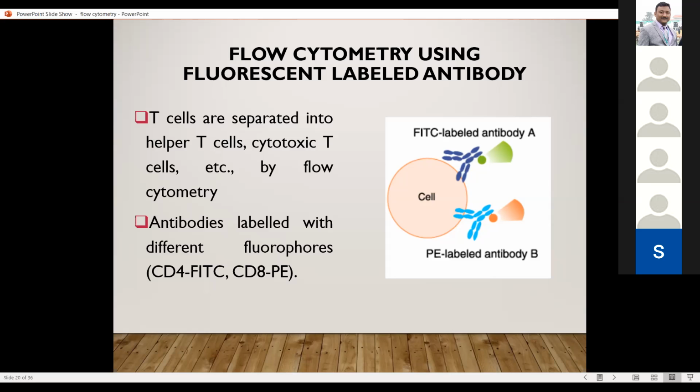So what we have done is taken two antibodies. One we labeled with FITC. These antibodies are specific to CD4 markers, which are expressed by helper T cells. Another is an antibody specific to CD8 cells, which we conjugate to another fluorochrome or fluorophore, which is PE.